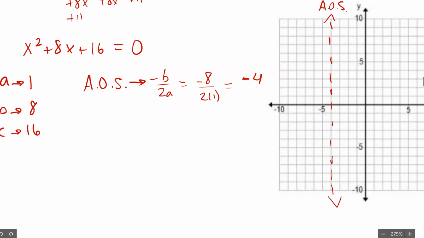So -4 is the vertex. It's the axis of symmetry, it's the vertex. This is where the vertex occurs.